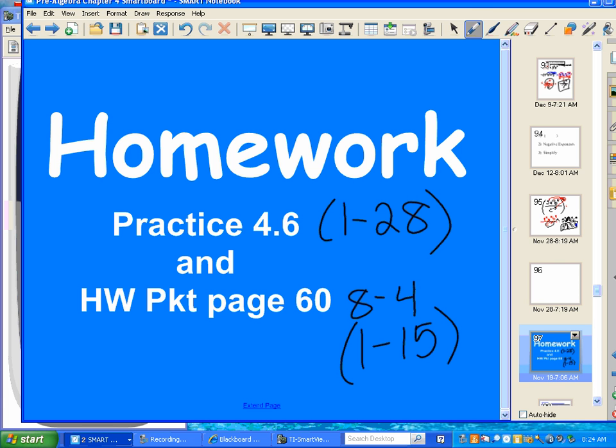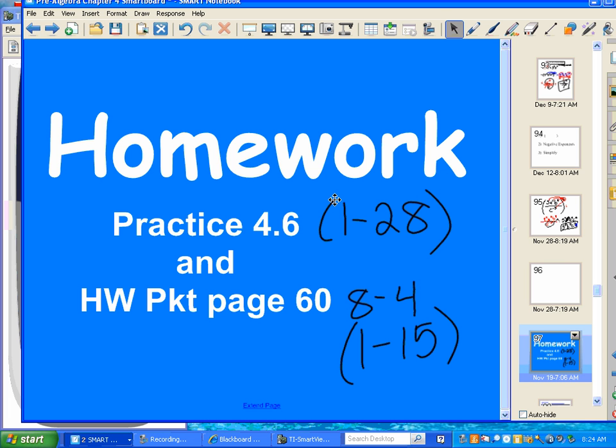So before you guys pack up, please write this down first of all. Secondly, look at page 60 in your homework packet. I want you to circle or put a box around it's the second section, 8-4. It uses power of a power rule, 1 to 15.